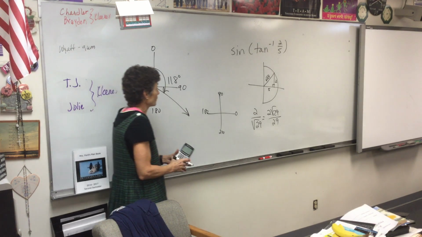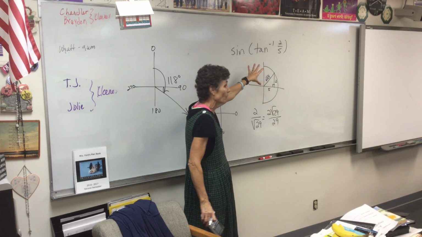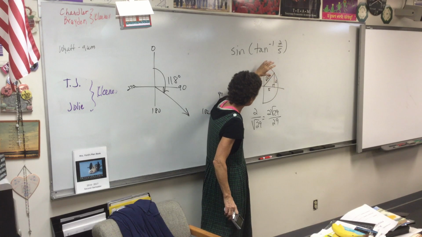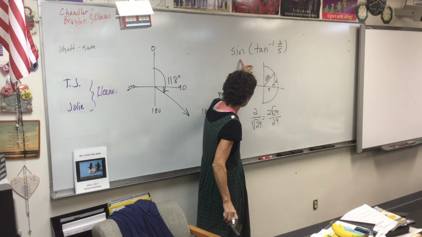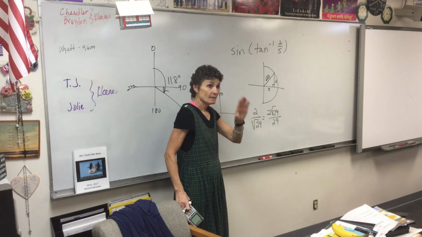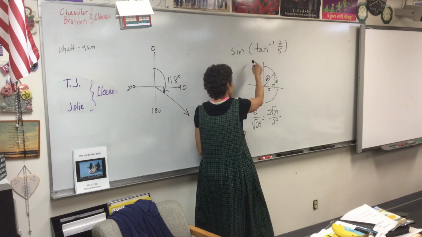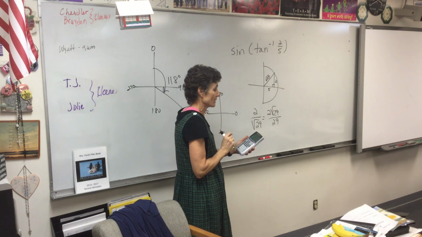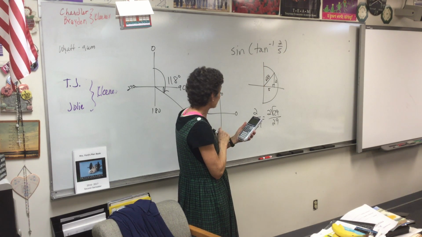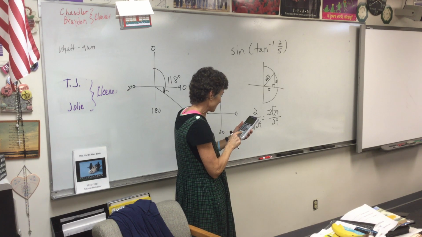All right. So now wait, we're not done. This is a two-part problem. First part said work it out by hand. So this is what we mean. Draw a picture, make the triangle, and then do opposite over hypotenuse. Okay? Now go back and just type exactly what you see on the board. So type sine, second tangent, 2 divided by 5.